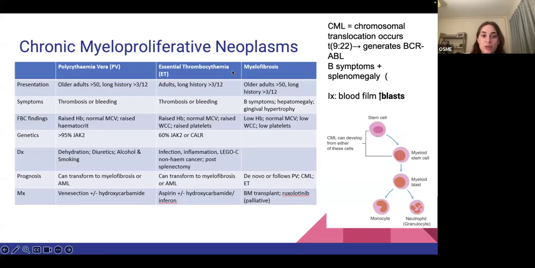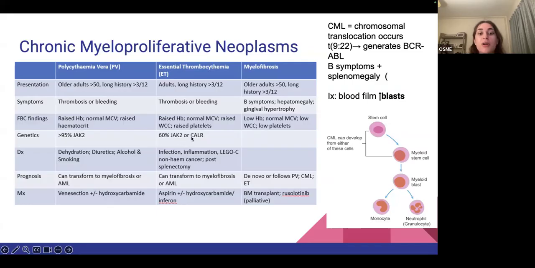Then essential thrombocythemia is a neoplasm where you've got excess platelets, rather than, in PV, an isolated rise in hemoglobin. You might also get a raised hemoglobin at the same time in ET. 60% of the mutations are JAK2 related.